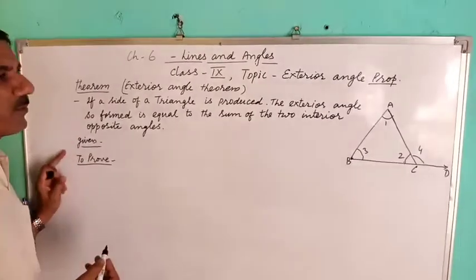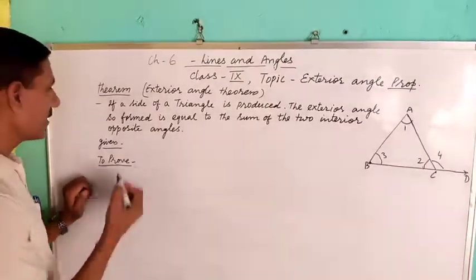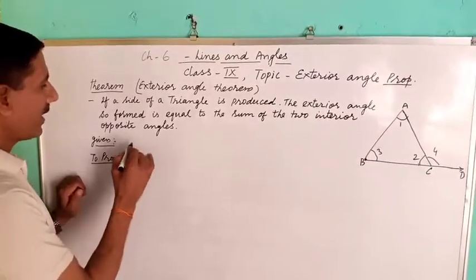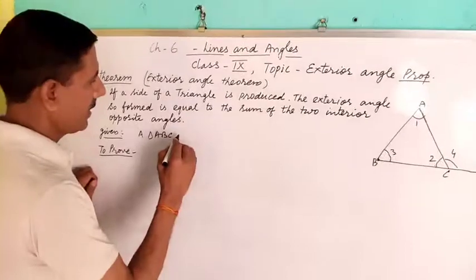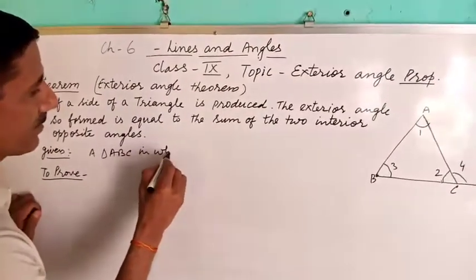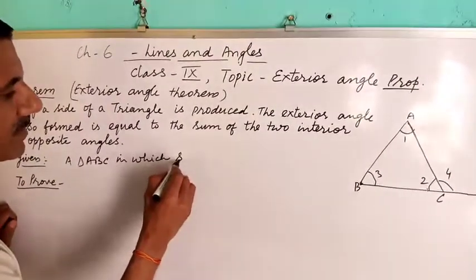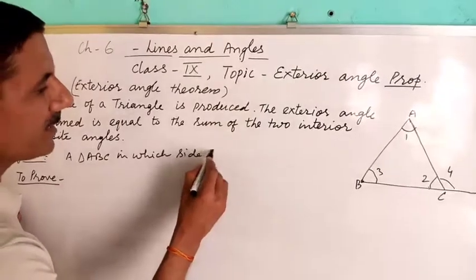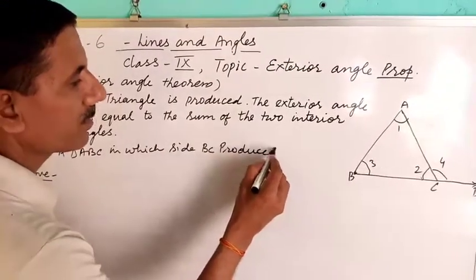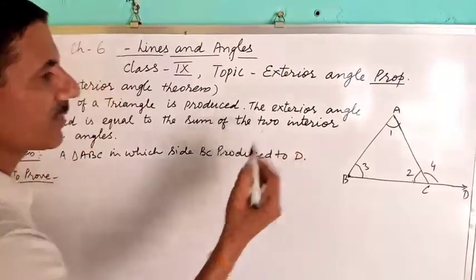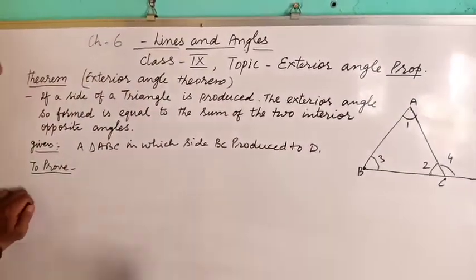First of all we need to write the given. What is the given? A triangle ABC in which side BC is produced to D. And what do we have to prove?